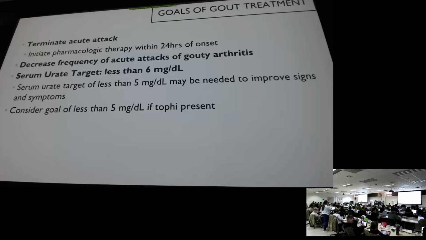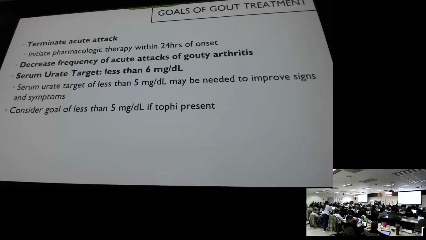If we start having more than 2 a year, then we get into the medication classes that will lower their serum uric acid, right? We want to lower that if they're having chronic bouts. We don't always go to urate lowering therapy, but we'll give you the criteria. But we always first get them out of pain, right?